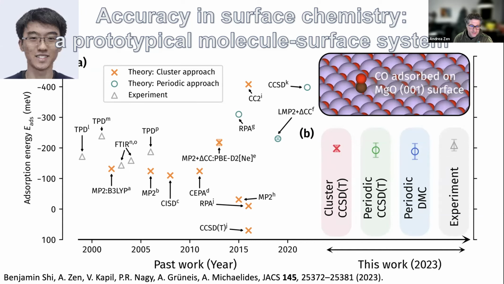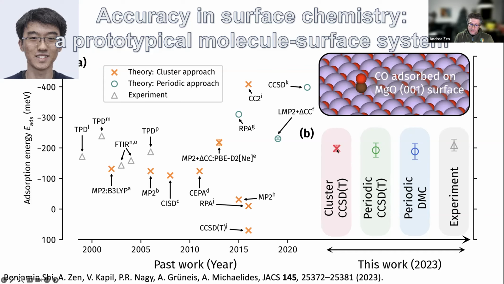Recently, Benjamin Shi, who is a PhD student in Cambridge, whom I co-supervise, studied this system with quantum Monte Carlo, with fixed-node diffusion Monte Carlo in particular, using periodic boundary conditions, and there is this number here. He also studied it with coupled cluster using a cluster method that he also developed, obtaining this other number in red.